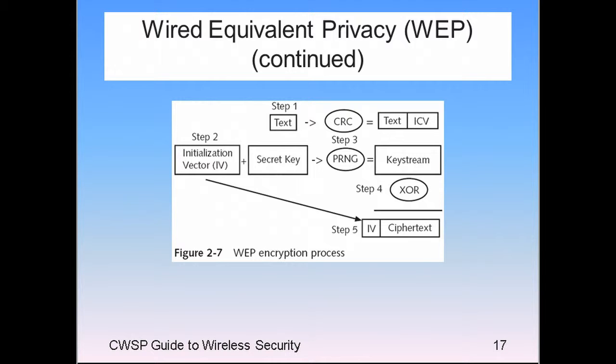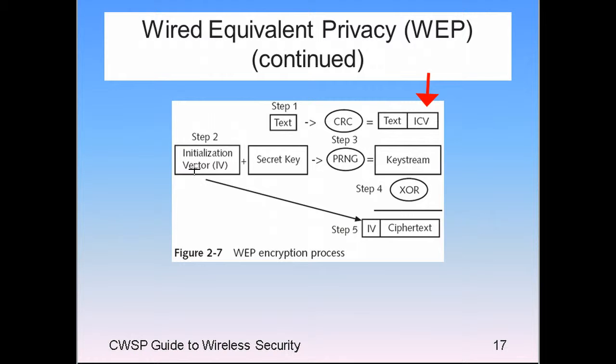So we do an operation on the system, and based upon the contents we get the cyclical redundancy check. WEP calls it the integrity check value, which we're going to use with the text, the CRC, the text, and the initial check value.